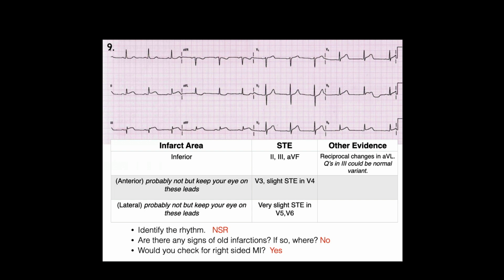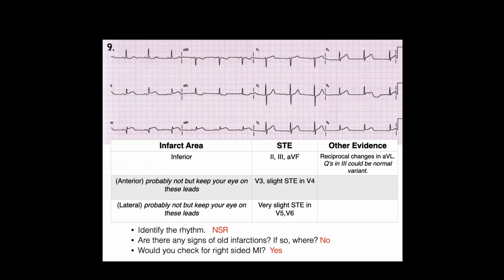What are the most commonly involved arteries for an inferior STEMI? I'll help you out, because I know. It's either the RCA or the LCX, so the right coronary artery or left circumflex. And the most commonly involved artery for the anterior leads is the left anterior descending. So they're not necessarily related.